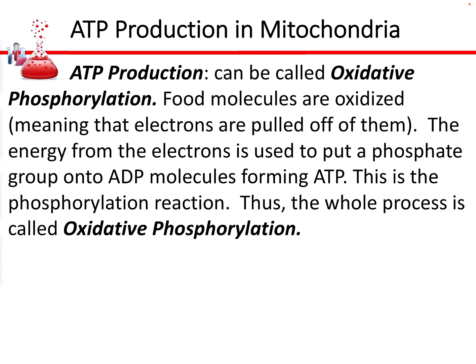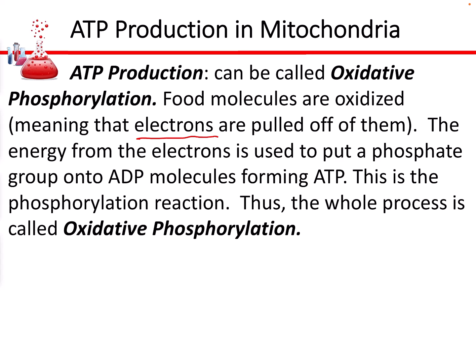So our ATP production in the mitochondria is called oxidative phosphorylation. And so the oxidative part means that electrons are pulled off of our food molecules. So remember, Leo the lion says, grr, if you lose electrons, you are oxidized. So if we take electrons from our food molecules, they become oxidized.